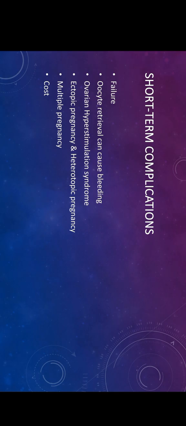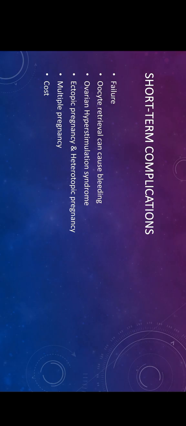Short-term complications include failure. Oocyte retrieval can cause bleeding. Ovarian hyperstimulation syndrome is more common in patients with PCOD undergoing ovulation induction. It is also more common with drugs like gonadotrophins rather than clomiphene citrate. It is seen in the luteal phase or in early pregnancy.